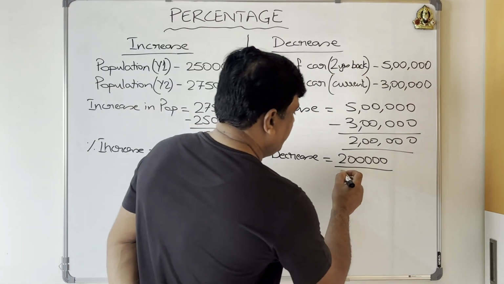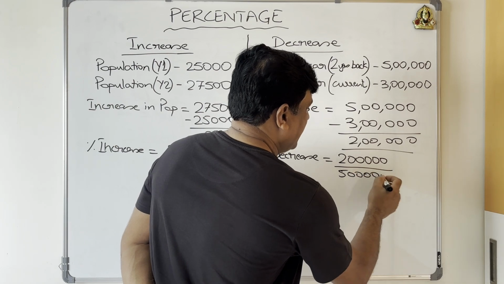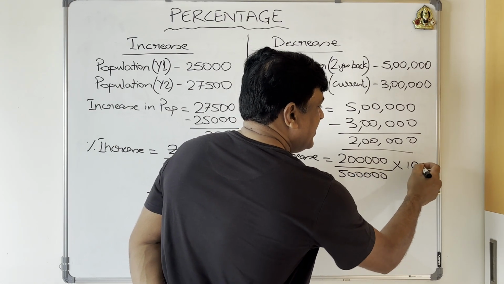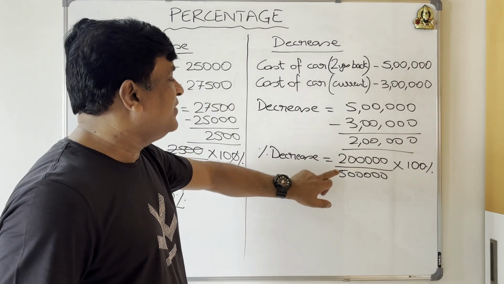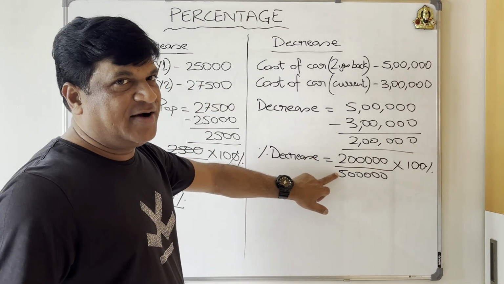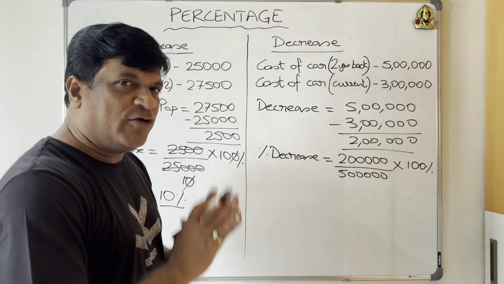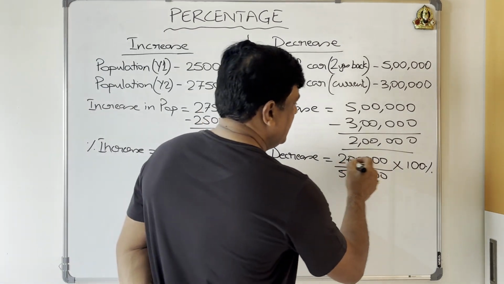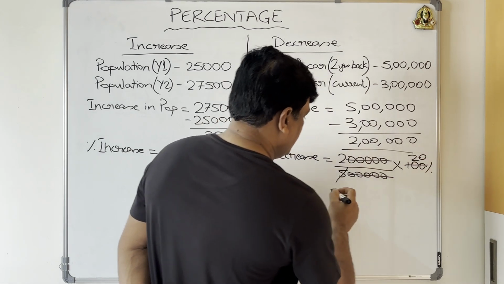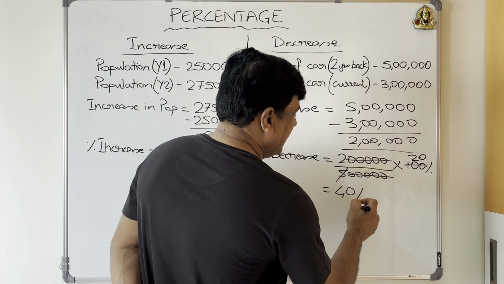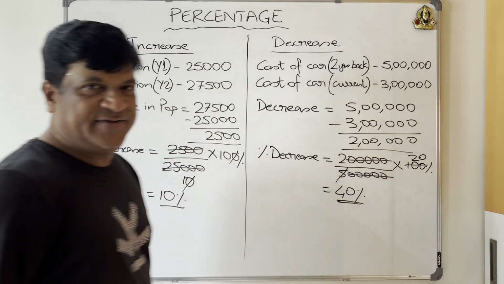So it will be 5 lakh or 500,000 into 100%. Again, the same concept, marks scored divided by total marks, into 100%. It's the same concept everywhere. So if you see, you cancel out all these zeros and this becomes 20. So your percentage decrease in 2 years is 40%.